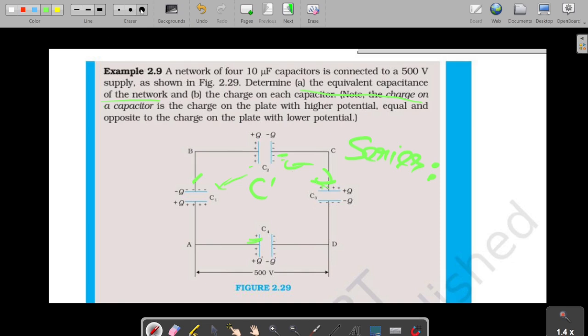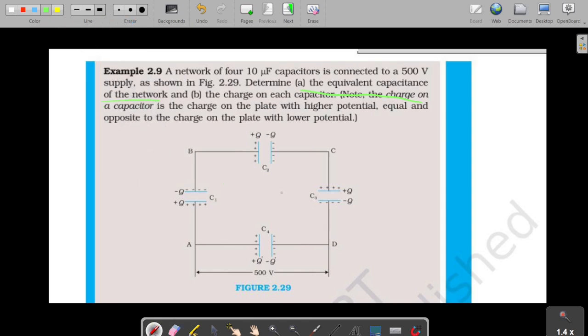Just see this figure, because C1, C2 and C3 have a common positive and negative end of the potential, and C4 also has the same common positive and negative end. So their potential is the same. In parallel combination, there is the same potential difference. So C4 is in parallel with C1, C2 and C3.